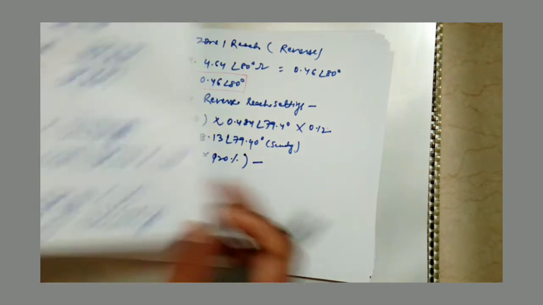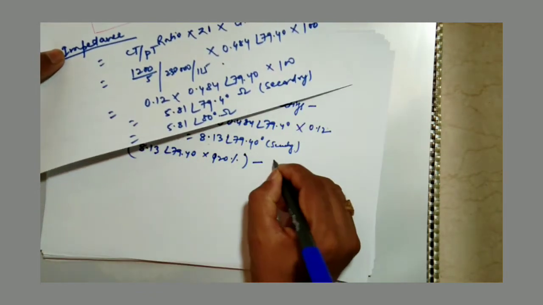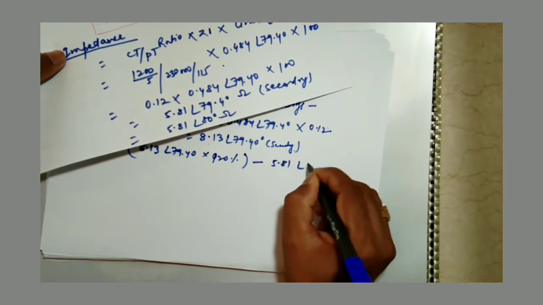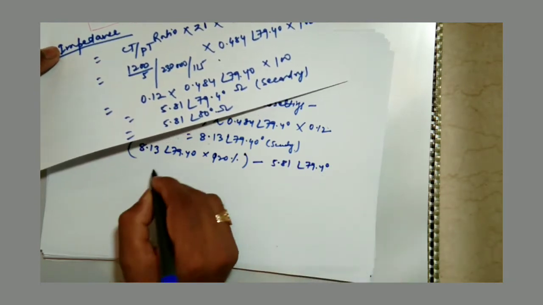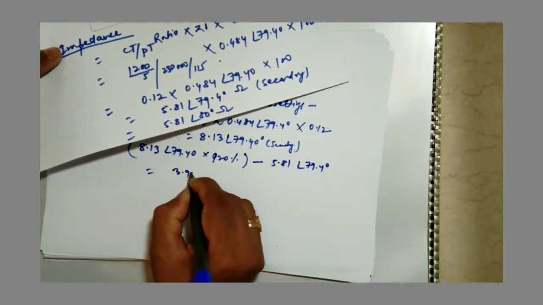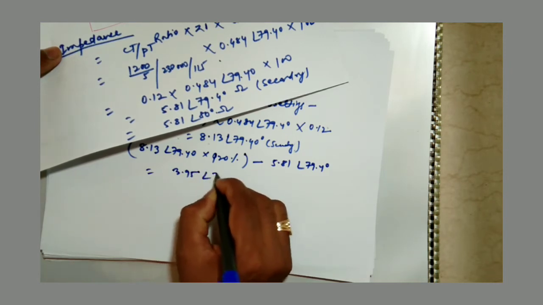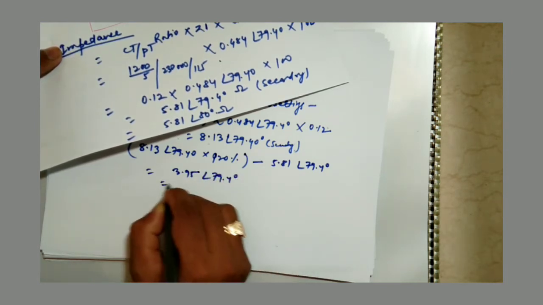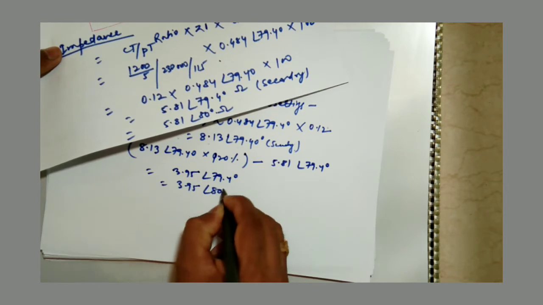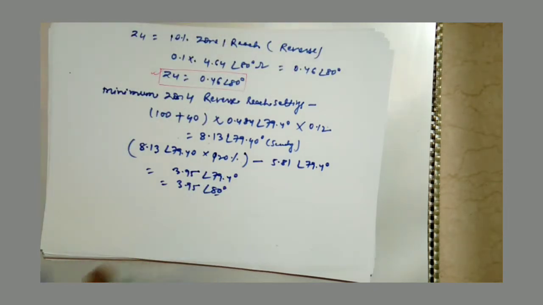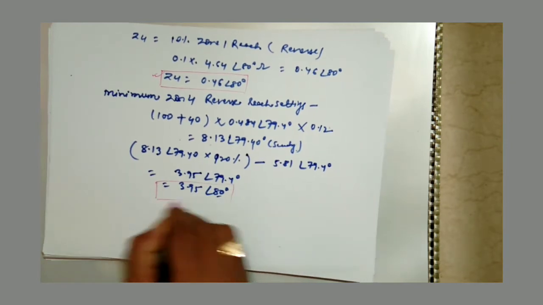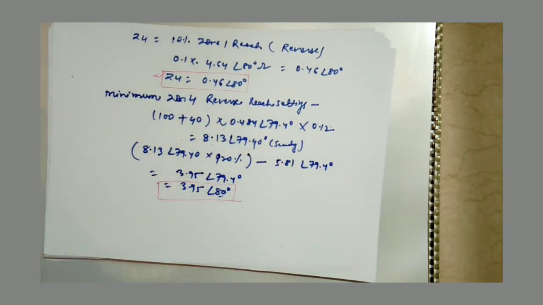The total line impedance is 5.81 at 79.4 degrees. So here you will get the value of 3.95 and the angle will be 79.4 degrees, or you can write 3.95 at 80 degrees. So you have calculated the minimum zone for the reverse reach setting.